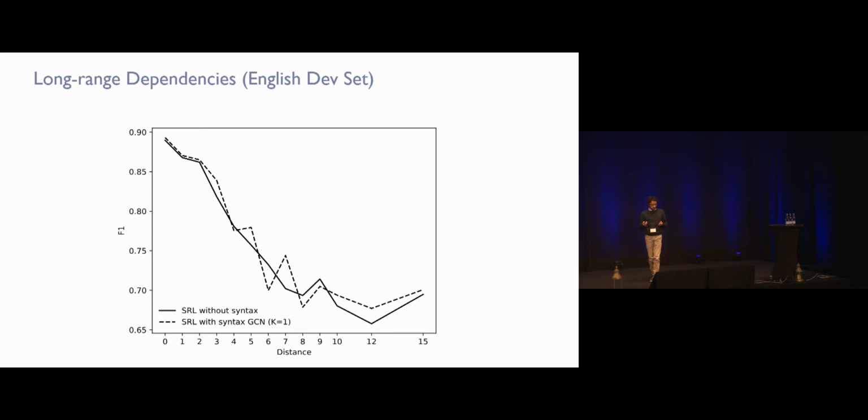The dashed line is the model with the syntactic GCN, and the other line is the model without any syntax. As you can see, we get a little bit better on arguments that are farther from the predicate. This means that probably we're able to capture long-range dependencies a little bit better.